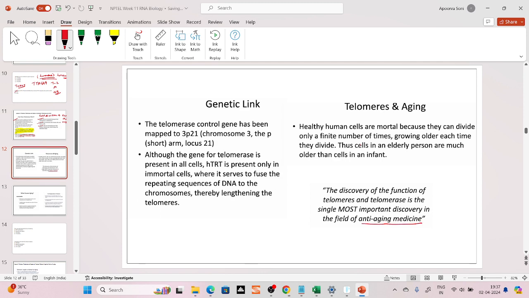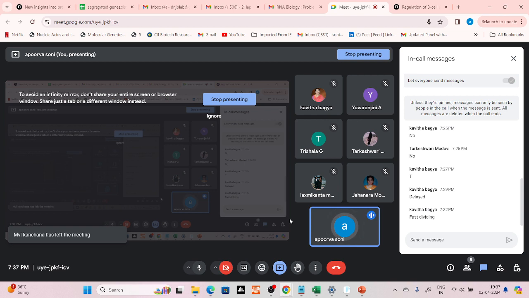So what do you think anti-aging medicines can have in them? Can anybody tell me what component, if suppose I want to make an anti-aging medicine, I know nothing about it, what do you think should be the main ingredient in that anti-aging medicine? Anti-aging creams.